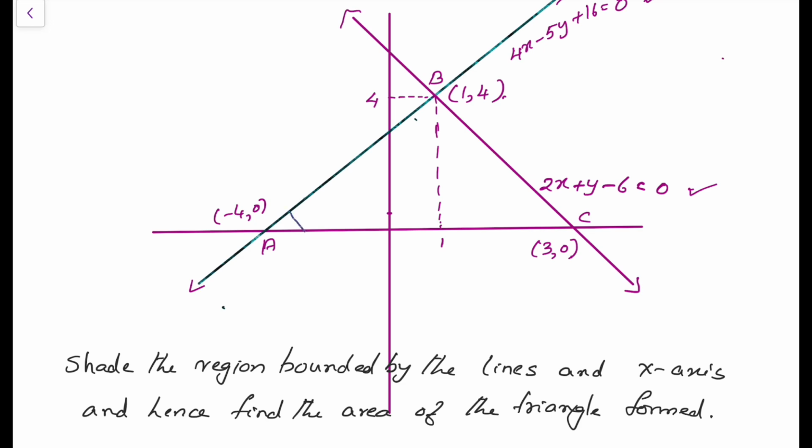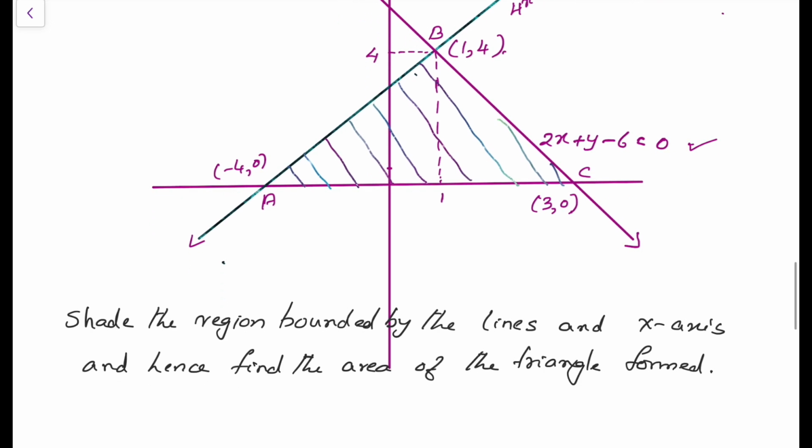So the portion that needs to be shaded is this. And also you have to find the area of the triangle formed. So the area of the triangle ABC will be half.